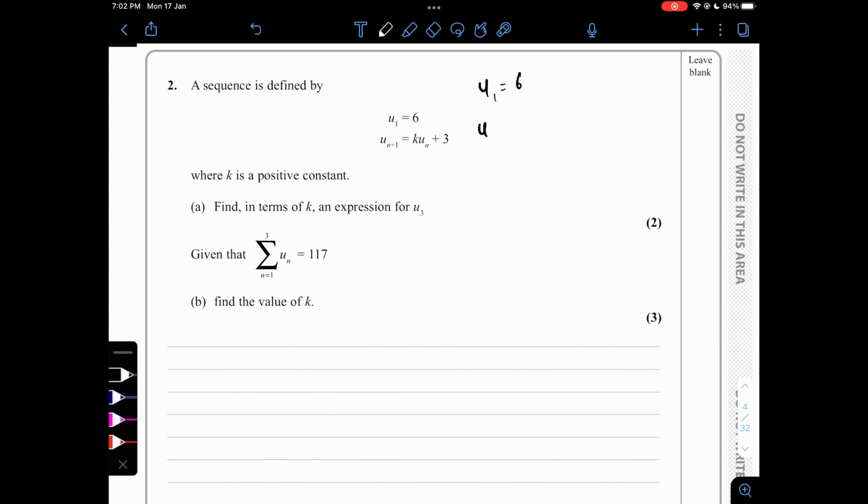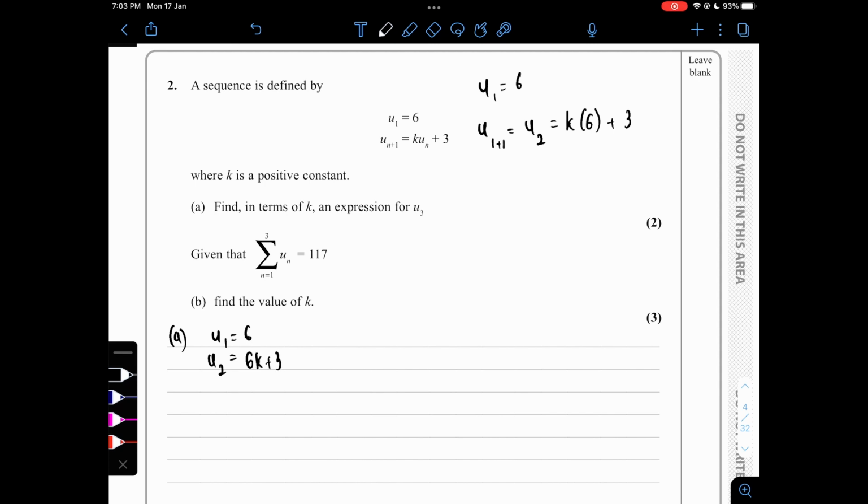So u1 plus 1, which is equal to u2 obviously, is k times the first term, which was 6, plus 3. So that's u2, right? So I'll just write what we did. So u1 equals 6. So u2 equals 6k plus 3.